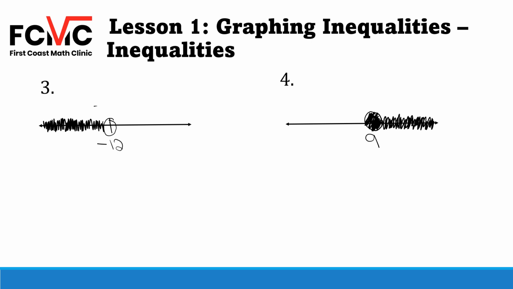For 3 and 4, we're given some graphs. Let's write the inequality based on the graphs. Number 3, we're starting at negative 12, and let's say this is our value for x. We know our greater values are to the right, lesser values are to the left. So where is x in relationship to negative 12? If this is negative 12, 0 is off to the right, so this is going to be like negative 11, negative 10, negative 9.